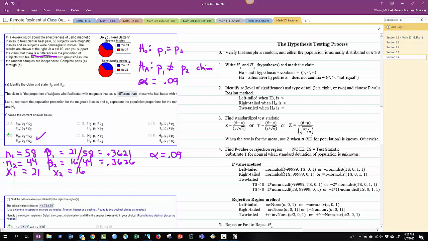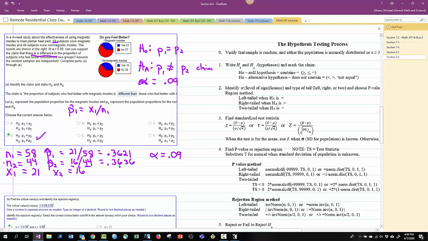All right. So what I'm doing here, P hat 1, for example, is X1 divided by N1, right? There were 21 yeses out of 58 total subjects in that one. And then P hat 2, there were 16 yeses out of 44 total subjects.